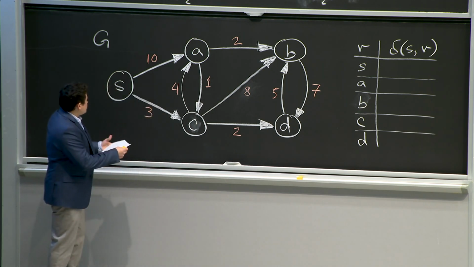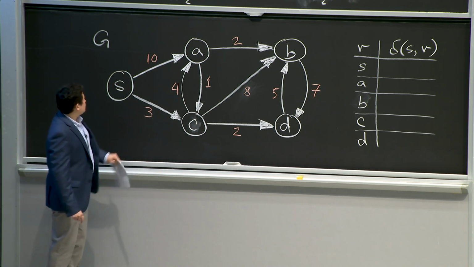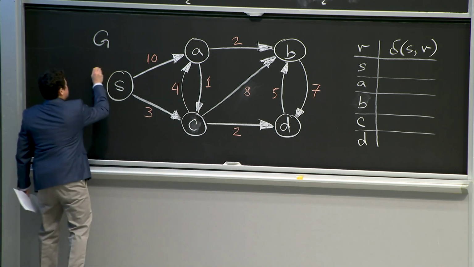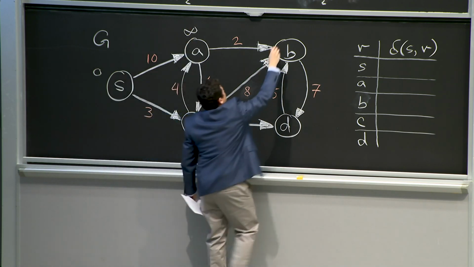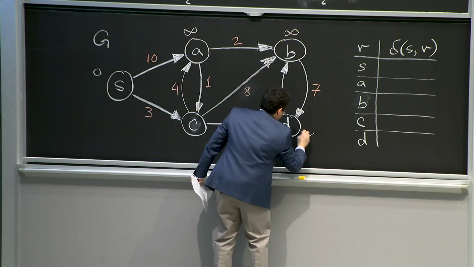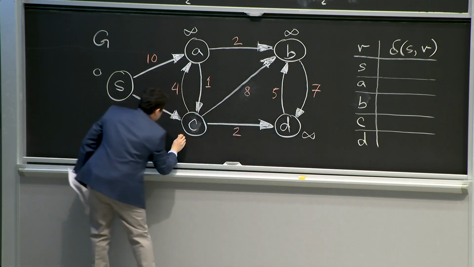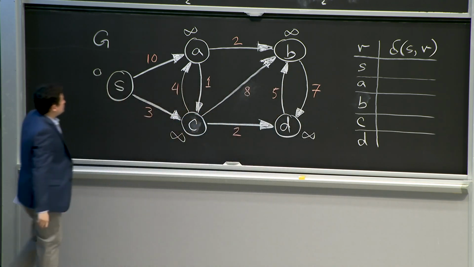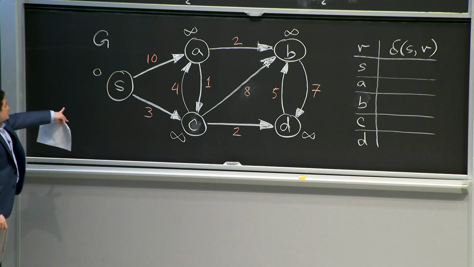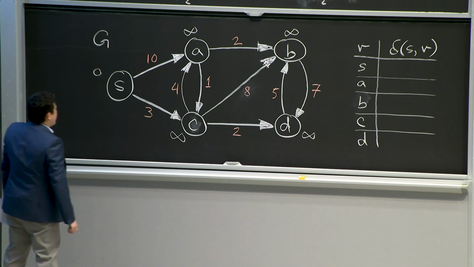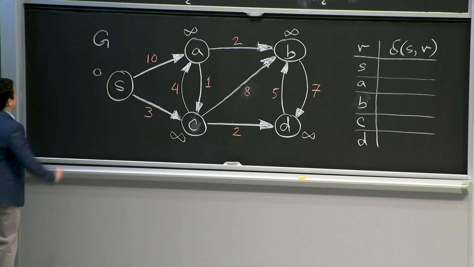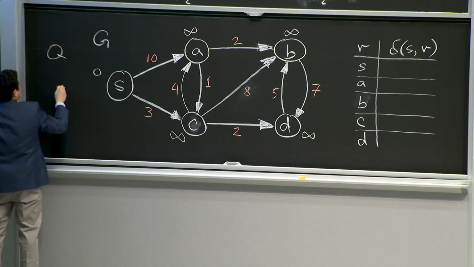So let's run Dijkstra on this graph. First, we initialize and we set the shortest path distance. I'm going to label it in white here to all of the things. And as I update it, I'm just going to cross them out and write a new number. So that's what it is at the start. That's initialization, after step 1. And then I stick things into my queue. Here's my queue.